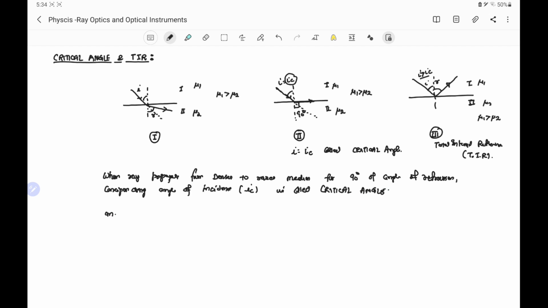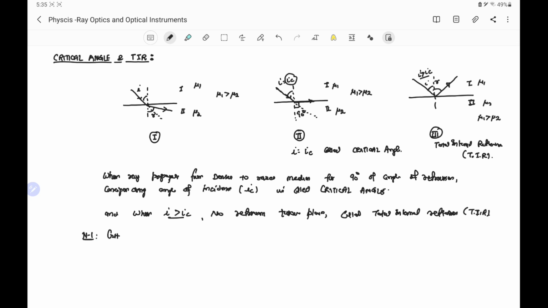And when the incidence angle is greater than IC, no refraction takes place, called total internal reflection, in short TIR.